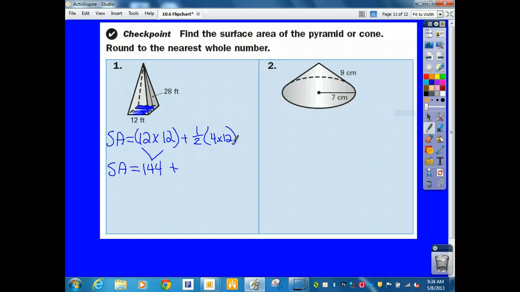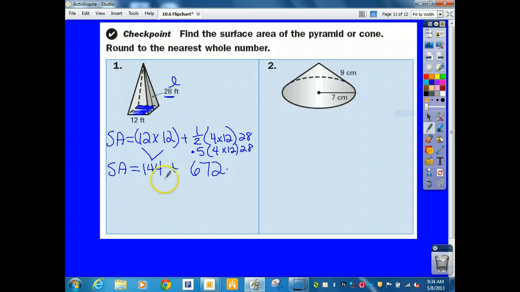And then we'll take that times the slant height, which is 28. So on your calculator, 0.5 times 4 times 12, and we can do that because it's all multiplying, times 28. You can put it all in your calculator and it'll give you the correct answer. You get what? 672.